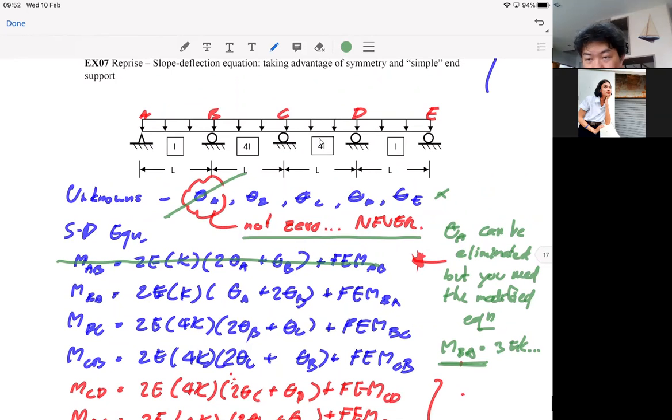Am I right? Your calculator is able to take simultaneous equations up to 3, right? So if you take advantage of the situation properly, you will have the calculator to handle it. If you don't, you will resort to using the matrix to solve 5 simultaneous equations.